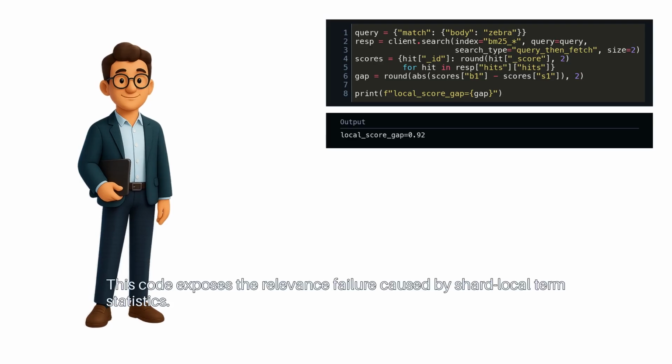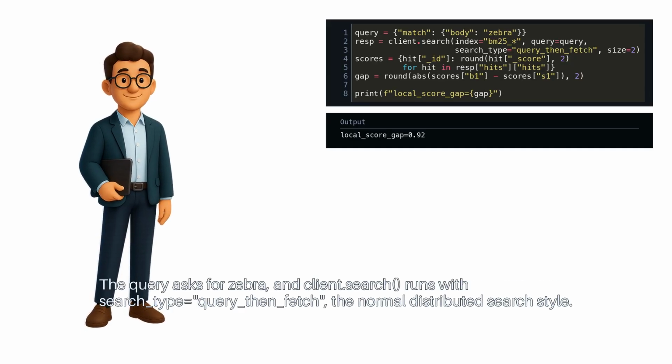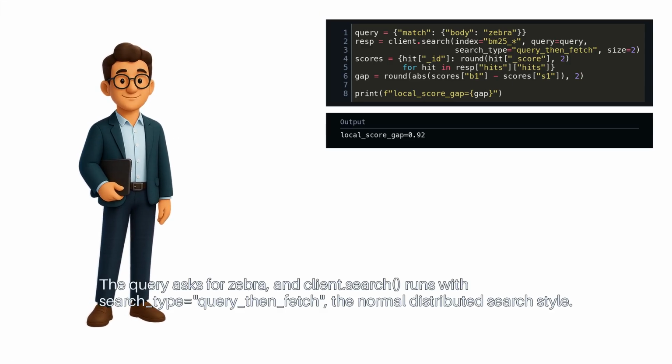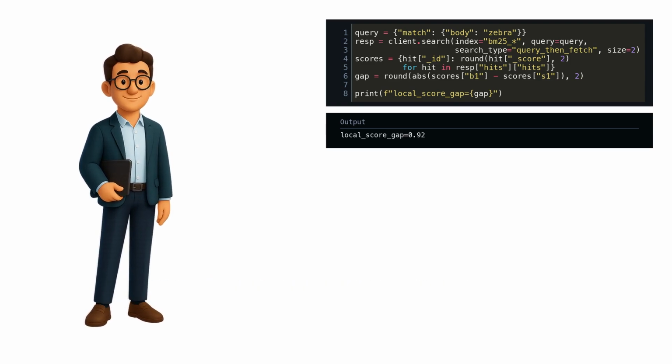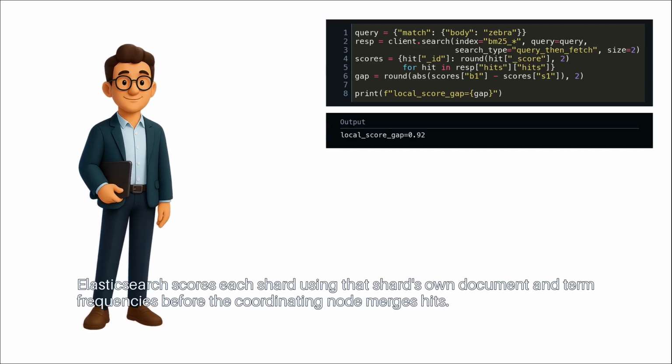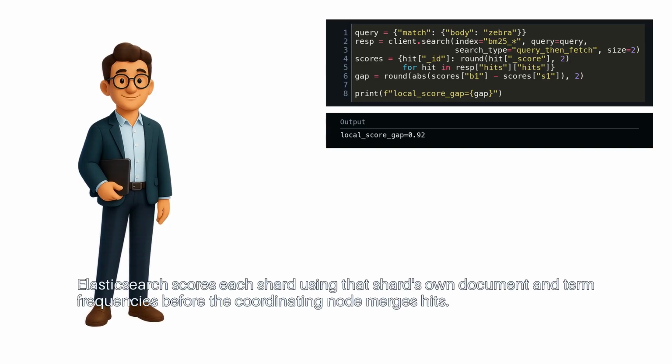This code exposes the relevance failure caused by shard local term statistics. The query asks for zebra, and client.search runs with search type query then fetch, the normal distributed search style. Elasticsearch scores each shard using that shard's own document and term frequencies, before the coordinating node merges hits.